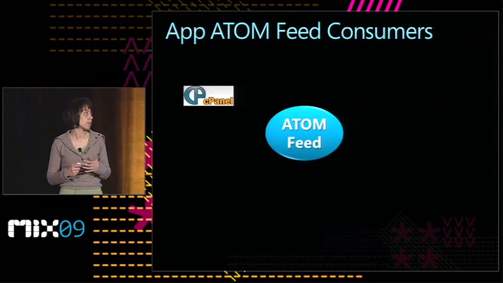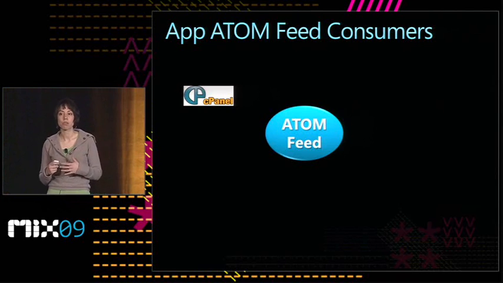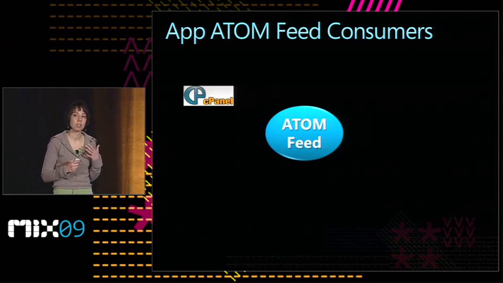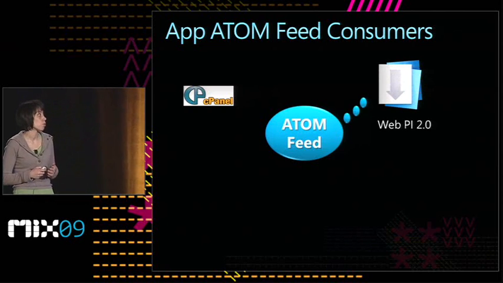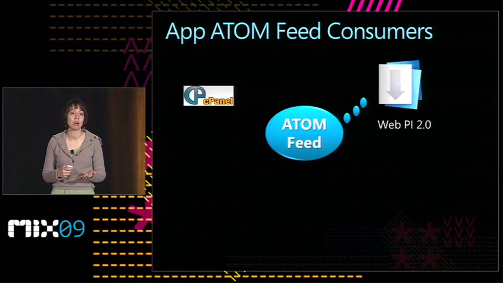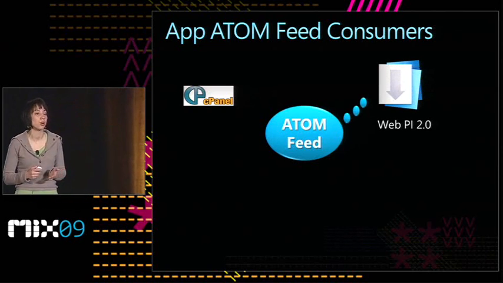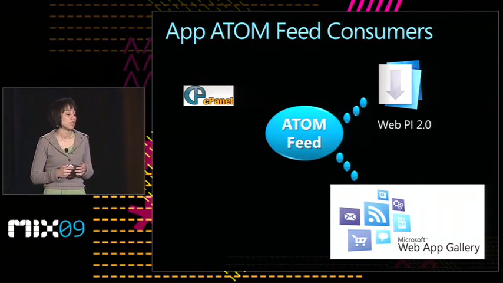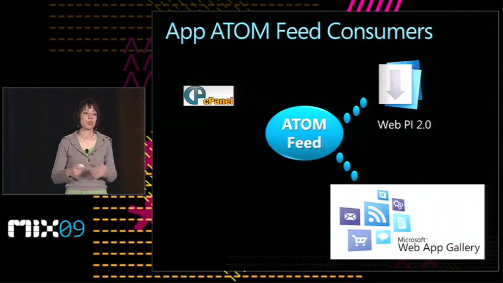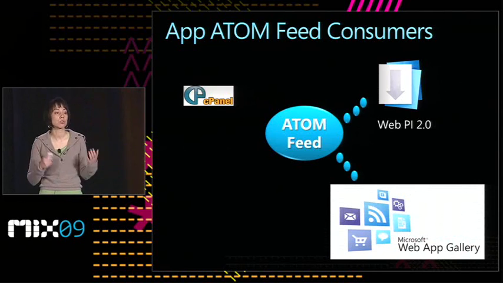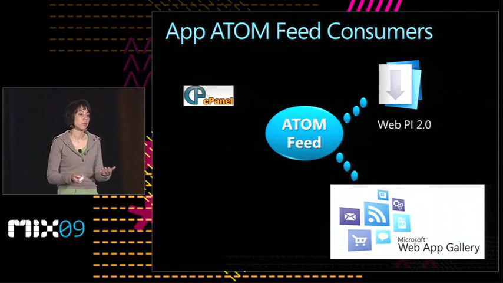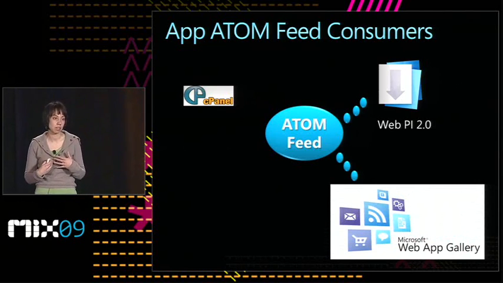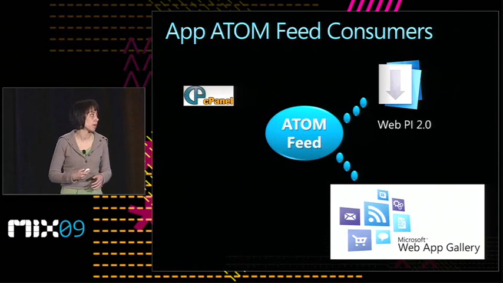The Atom feed is a really interesting component for us because it allows the applications to be surfaced in different distribution points. One distribution point that you're seeing right now is Web Platform Installer 2.0. Another one is the Microsoft Web Application Gallery. The Web Application Gallery actually consumes the Atom feed, so it's the place where it takes the information, but all the applications that you see there are also in the Atom feed.